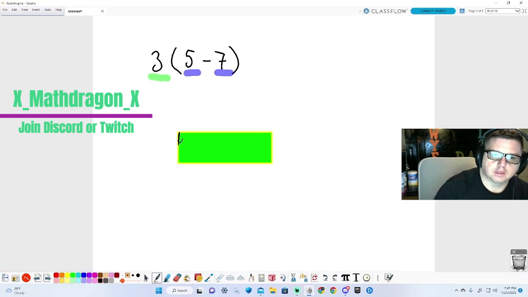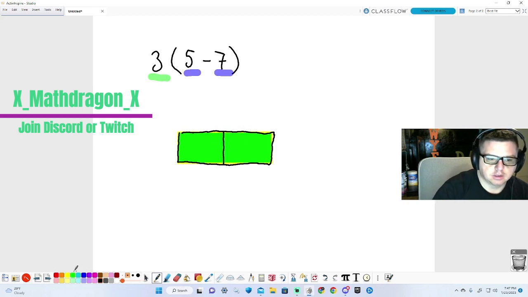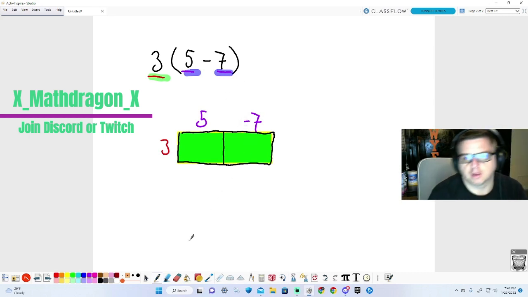I don't know why it's yellow and green, but it is what it is. So we have a 1 row by 2 column box. And once again, we're going to put our numbers in place. So our 3 goes here, and then our 5 and 7 go here, and then the 7 is negative, so we're going to put the negative with the 7.